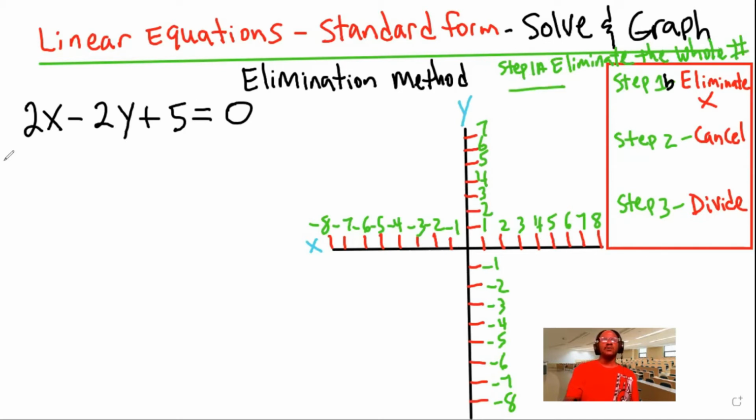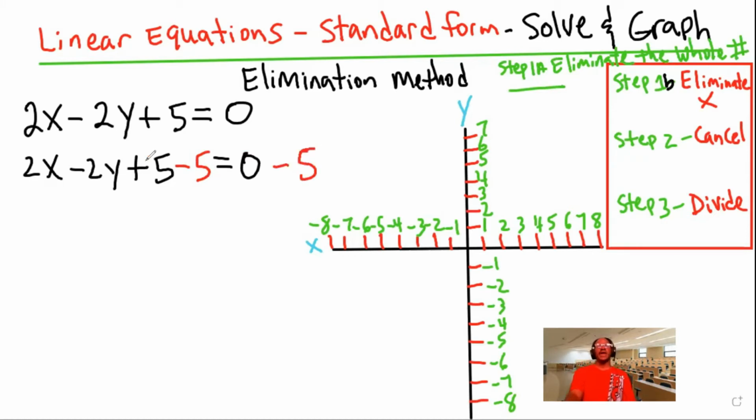So what we're going to do is rewrite this particular challenge here. We're going to put 2x minus 2y plus 5. And since we want to get rid of that whole number of 5, we're going to make a -5 equals 0. And then we're going to add that -5 on this side. So you notice what we did is we added -5 to both sides.